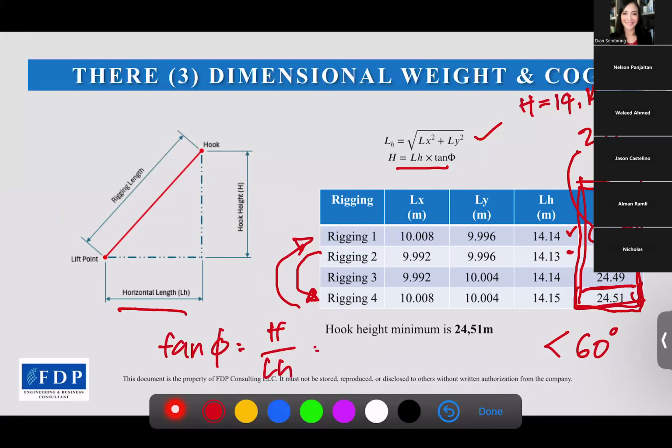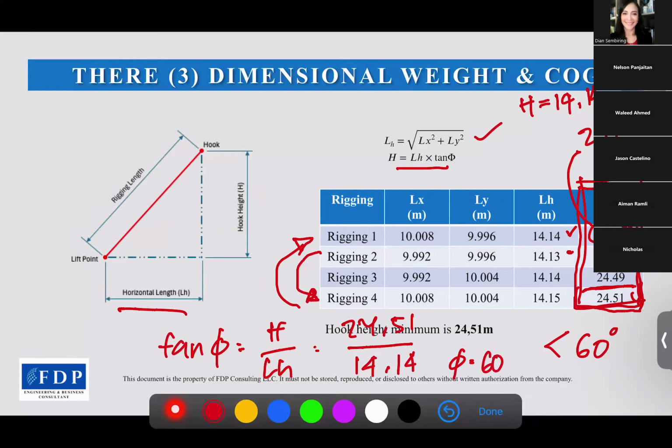The h is 24.51 divided by the LH, which is 14.14. So the angle will be 24.51 divided by 14.14, 60.02 degrees.